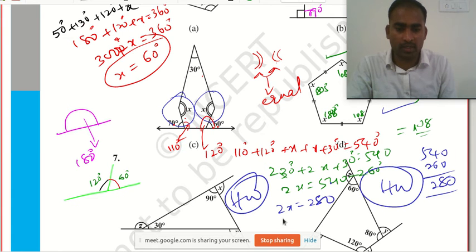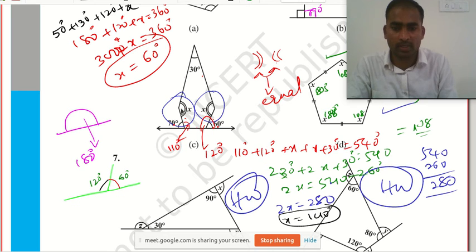Then what is x? 140 degrees. So this angle is 140, and this is also 140.